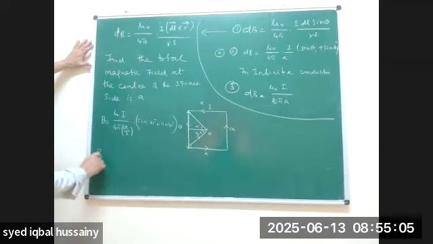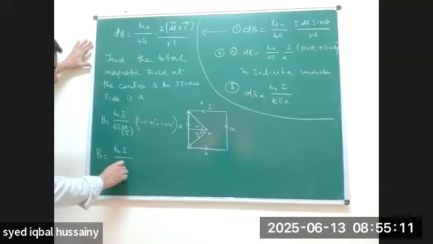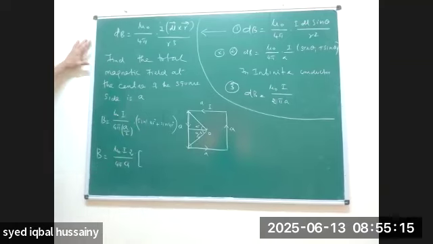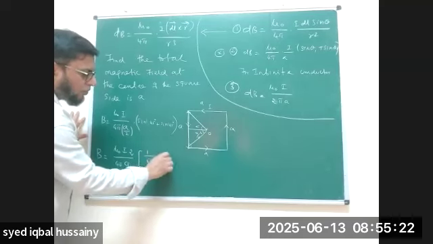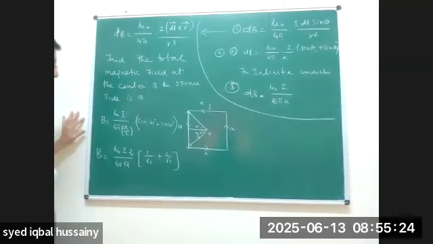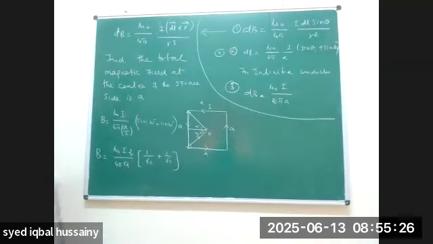Therefore B is equal to mu naught I divided by 4 pi, throw this 2 upward. What is the value of sin 45, tell me son. 1 by root 2, 1 by root 2. After that, what will we do?